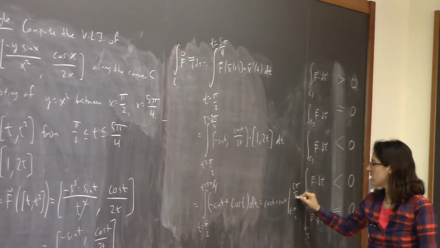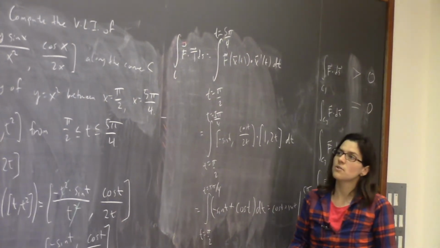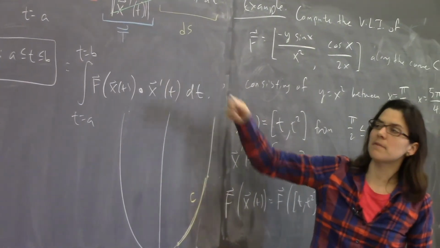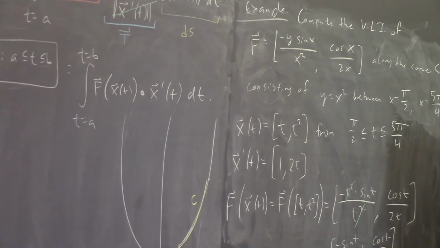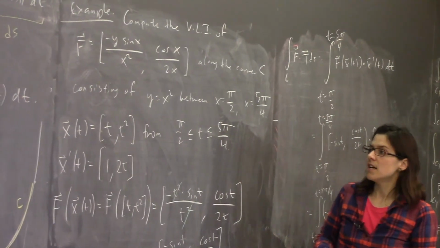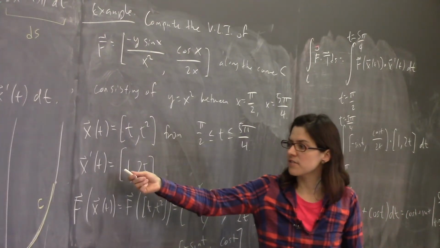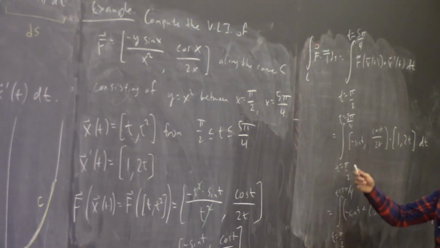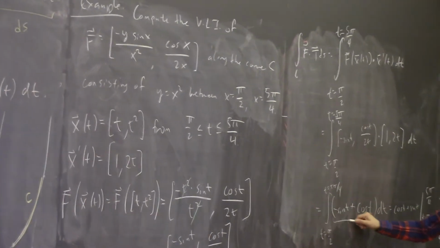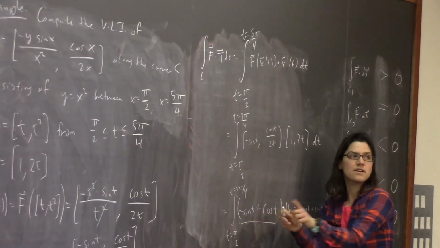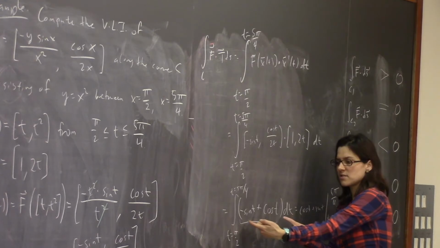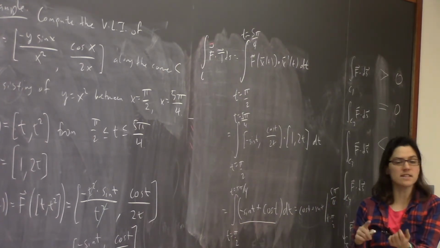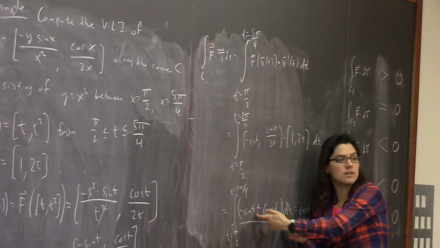So the idea of that was that we don't have to worry about making a unit tangent vector or anything like that, because our two speeds cancel out. As long as we can parameterize our curve and then plug the parameterization into our vector field, we can figure out what the contribution is from the vectors at any point. So at any time t, you can figure out whether the vector field is going towards you or against you by just plugging t into this equation.